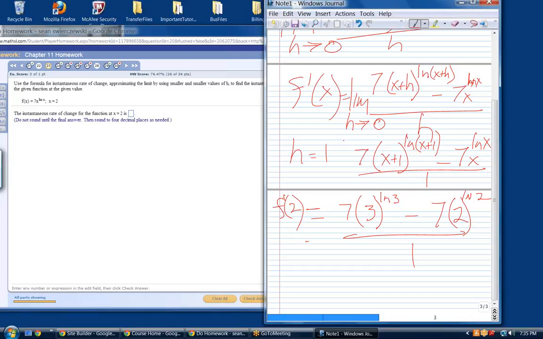Hold on, so we're writing it out. This is a tough problem, because when you start evaluating this, you're going to get it out to several decimal places. And they don't want you to round until you get your final answer.